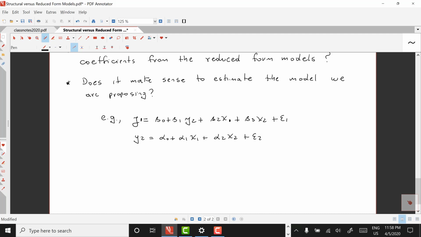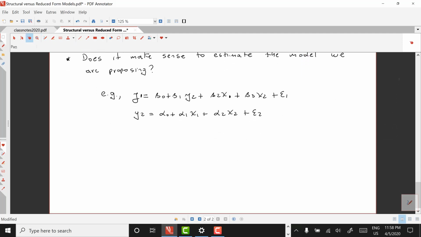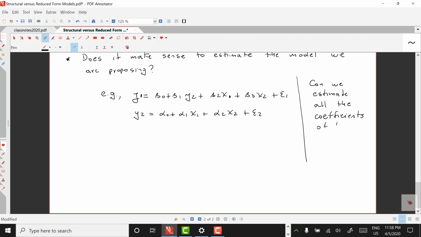So the question is, does it make sense to estimate this model? Can we recover all of the coefficients of this model? Let's say that, after your theory, the question is: can we estimate all the equations? Can we estimate all the coefficients of both equations?